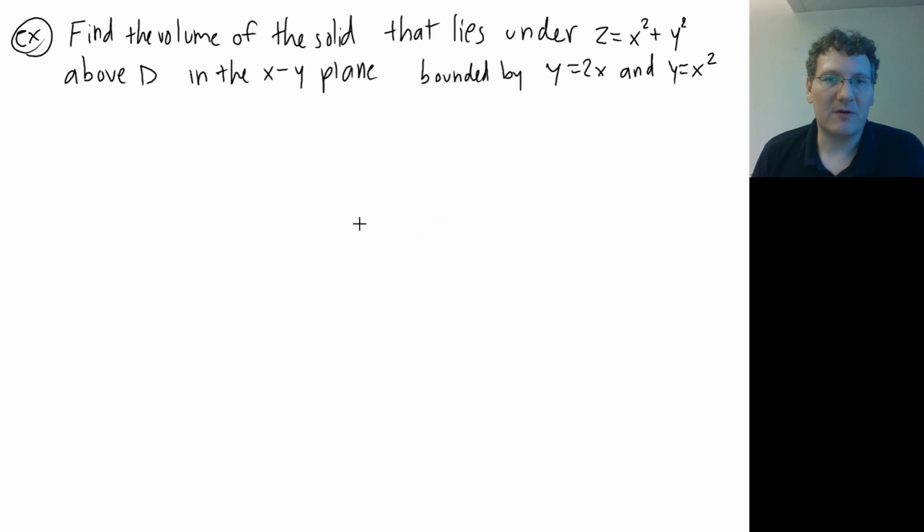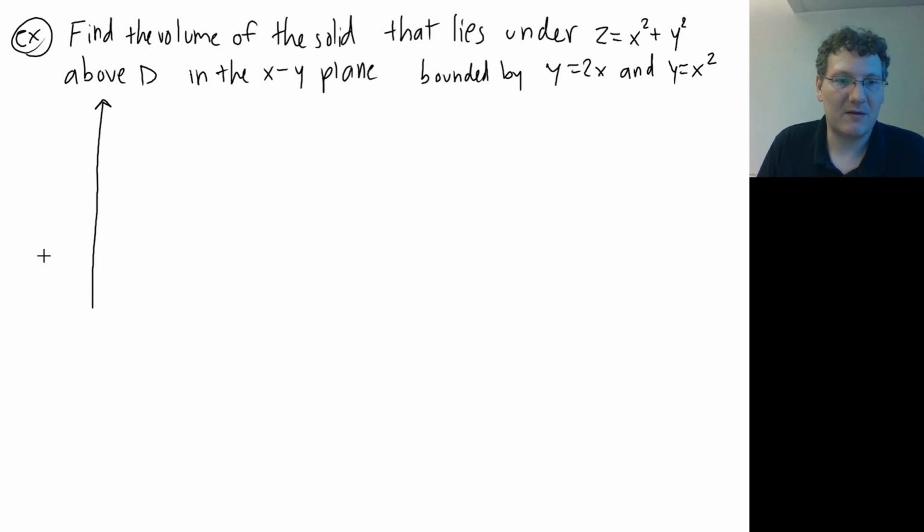All right, so now we're going to find the volume of the solid that lies under z equals x squared plus y squared above this region D given by these two bounds, y equals 2x and y equals x squared. Here I'm going to just sketch it out because it's simple enough. So this is the region D. We have one, this parabola.